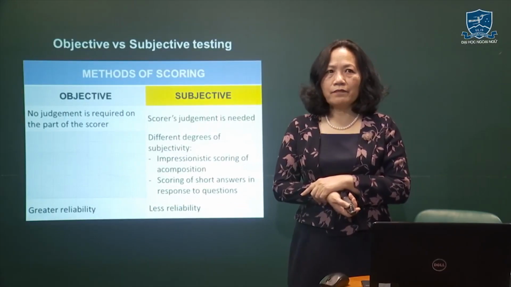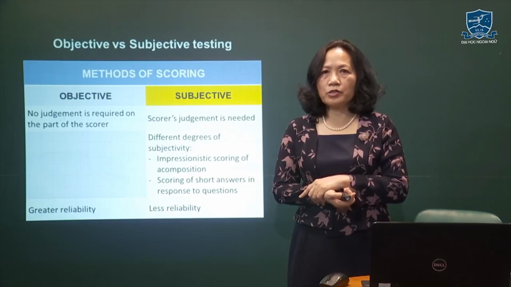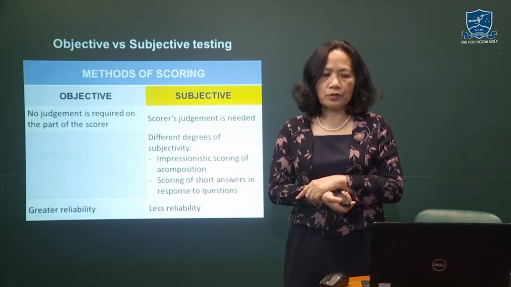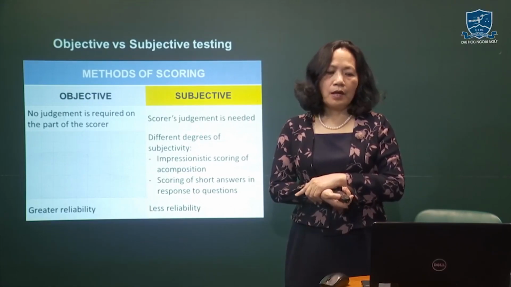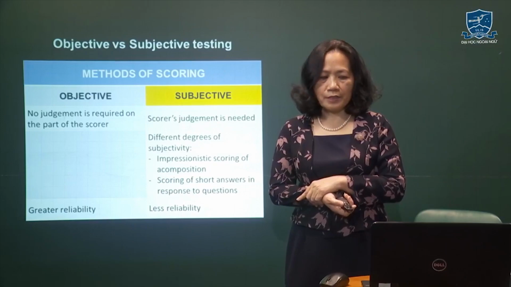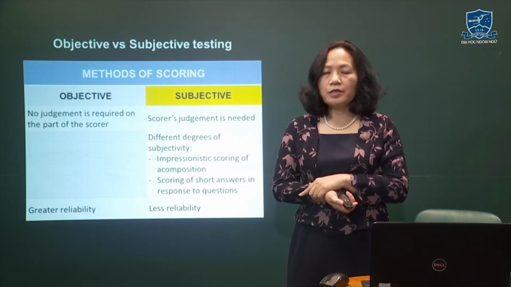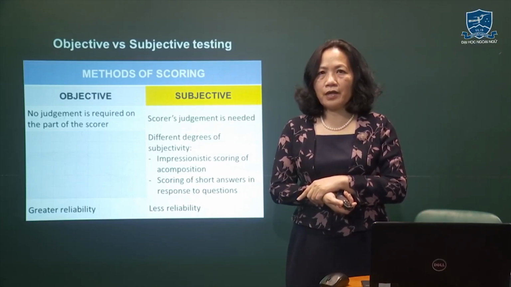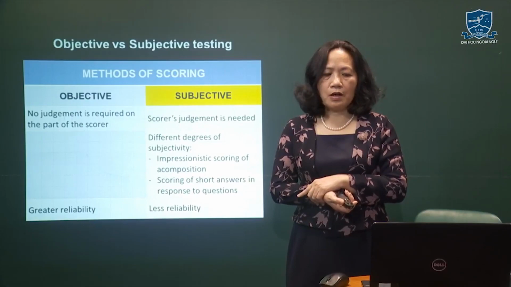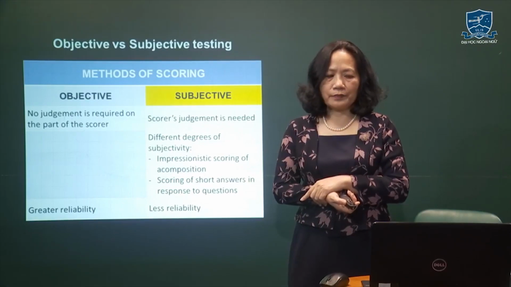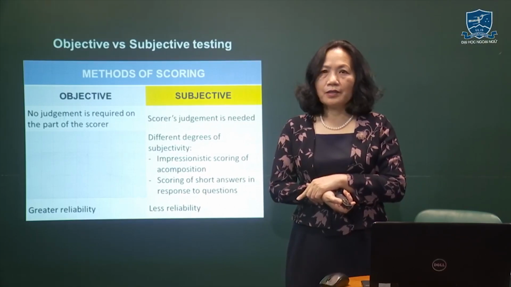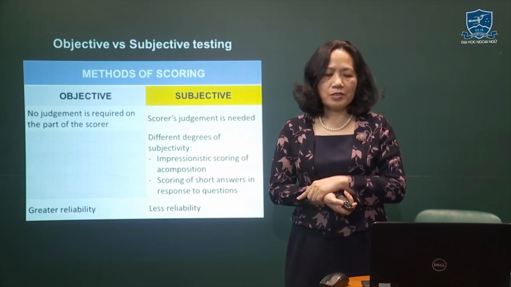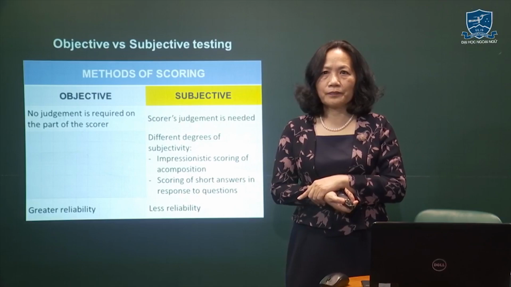And then we have another pair of approaches to test construction, which is objective and subjective testing. The difference between subjective and objective testing is in the methods of scoring. So objective testing requires no judgment on the part of the scorer.